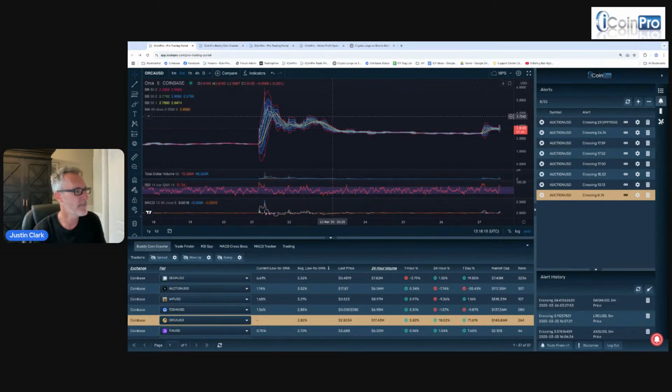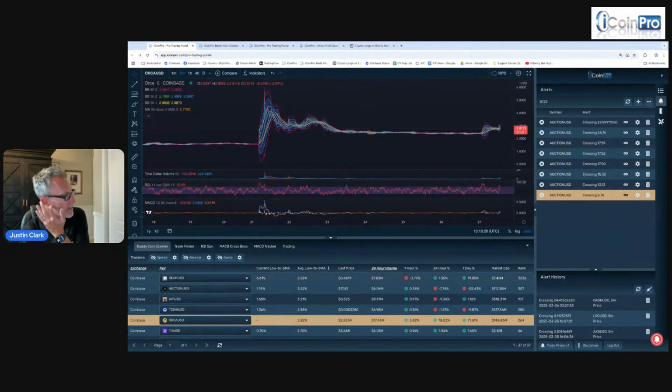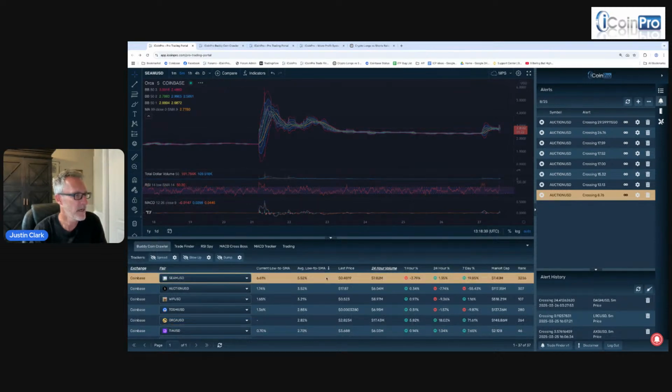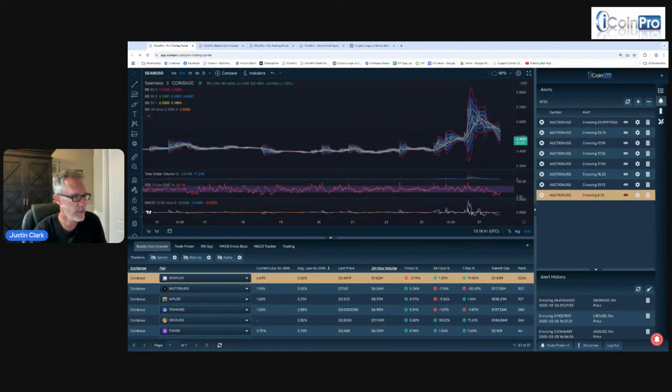So we're not seeing anything that's going to light us on fire. You may want to look at something like MACD tracker to look for any coins that are maybe bottoming out. But for right now, as far as quick trades, there's not anything that's super clear to me as being something we want to get crazy about.